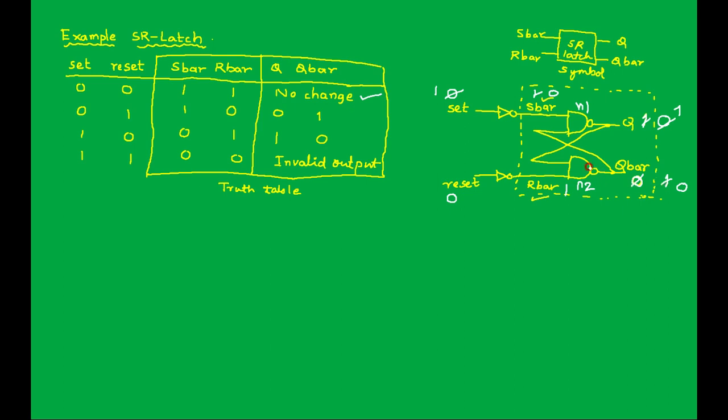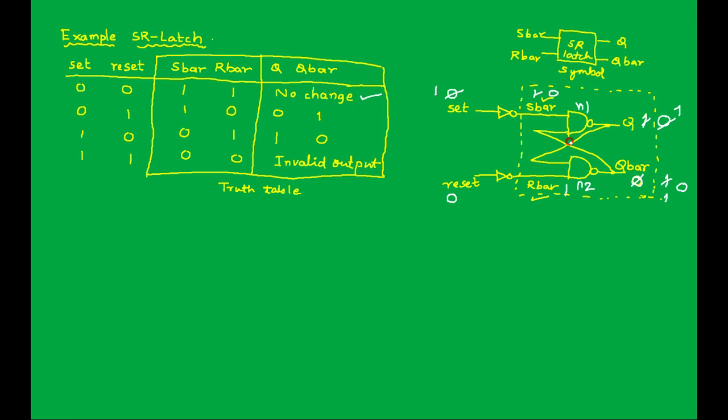So R bar value is 1, Q value is 0, 0 1, the output we have got is 1. This Q bar is fed as input here, 1 and 0, so output is 1 here also.